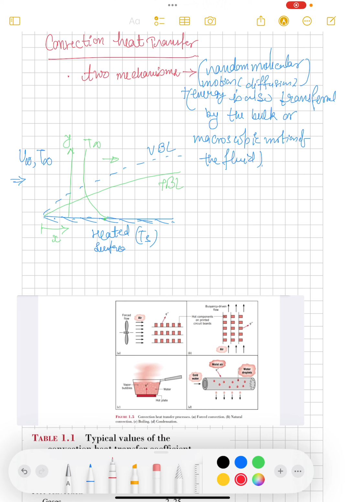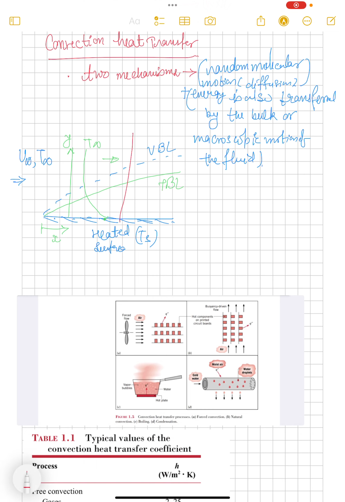And if we draw the velocity boundary layer, the velocity profile will look like this. After this point, there will be no disturbance of the fluid. Because of the flow of fluid over the surface and because of the temperature gradients, this is high temperature, this is low temperature.